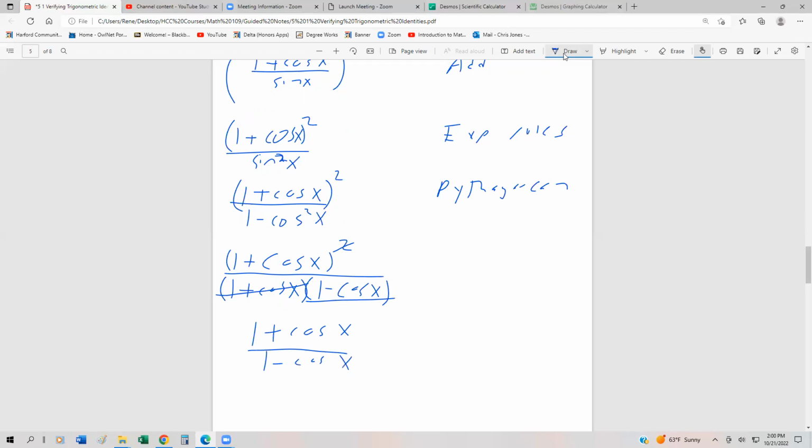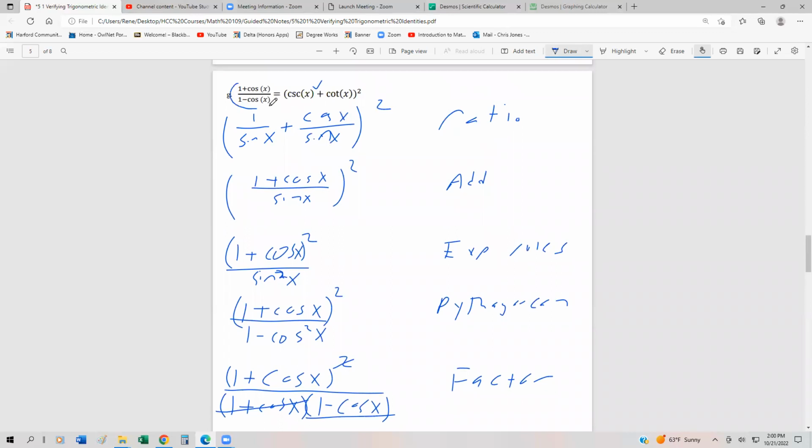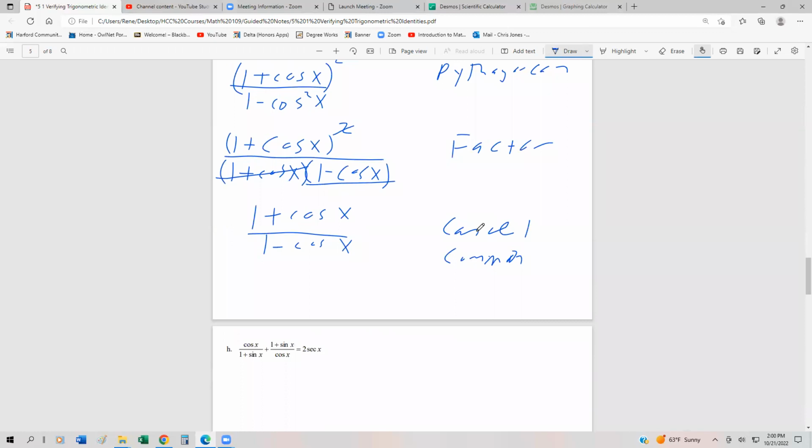So again, we factored here, and we just went through and canceled our common factor. And that verifies the proof, because remember, we wanted to look for 1 plus cos divided by 1 minus cos.